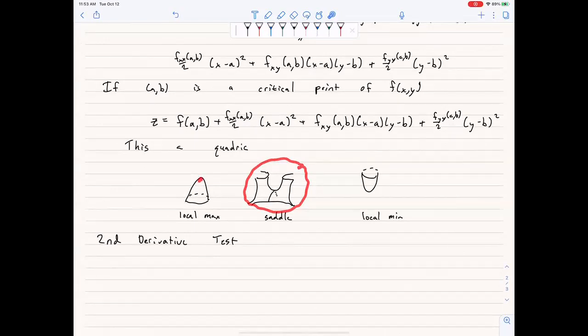Sure, if you're at a local max, you know that if you move around in your parameter space on the model, you're just going down from that value. And similarly here, you're just going up. In these other cases, there are actually some preferred directions that you can identify if you study the Hessian, telling you if you go this direction, you're going to go down. If you go the other direction, you're going to go up. That, of course, is really helpful to know if you're working on a model.